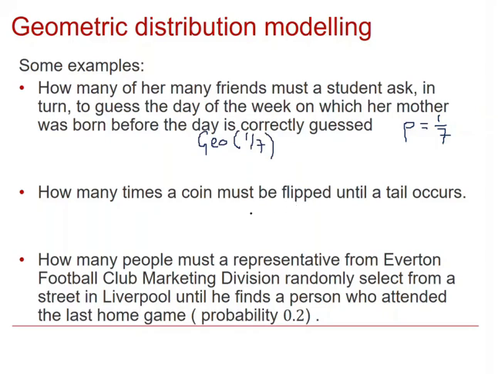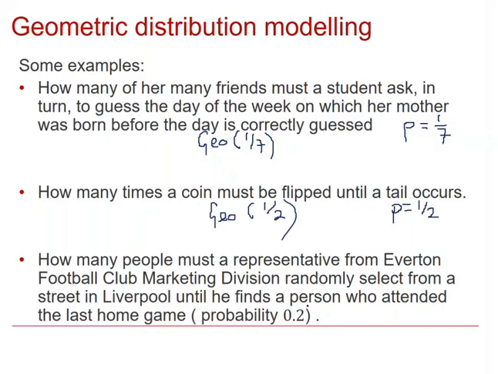The second example, very straightforward. How many times must we flip a coin? So geometric distribution. The probability of success is the probability of a tail, so that's a half. So that would follow a geometric distribution with probability a half.